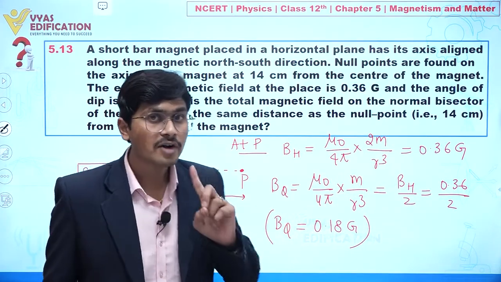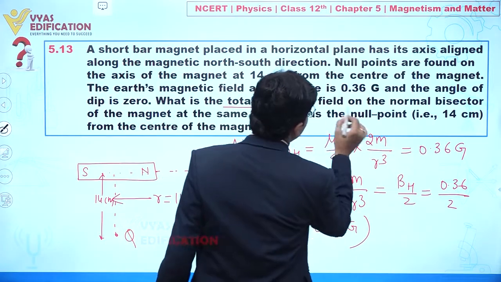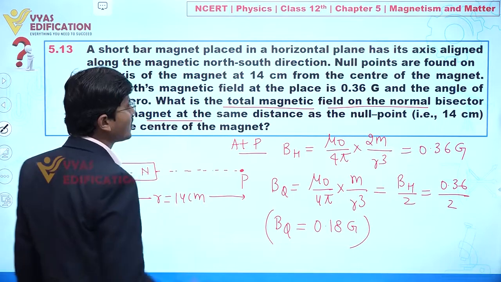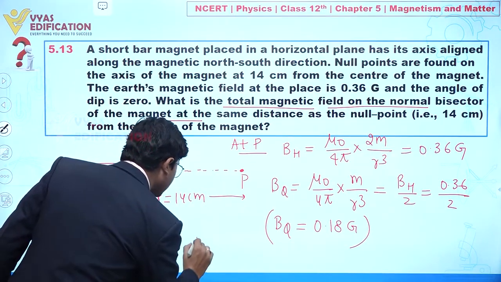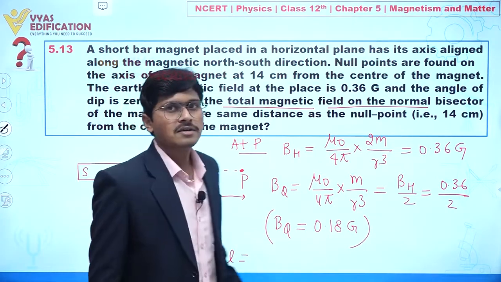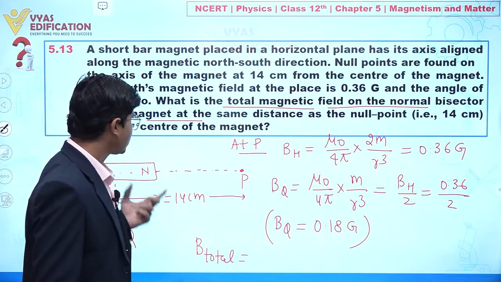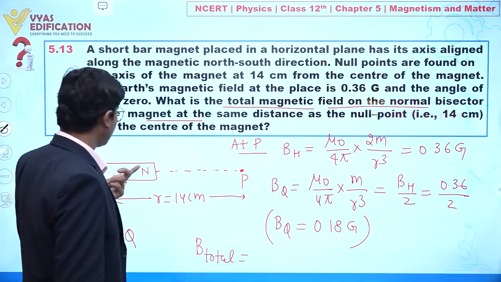But what is our objective in this question? Our objective is to calculate the total magnetic field on the normal bisector of the magnet. So we have to find B total. Now listen carefully. Because we are getting a null point, it means the earth's magnetic field is opposite to the magnetic field by this dipole.